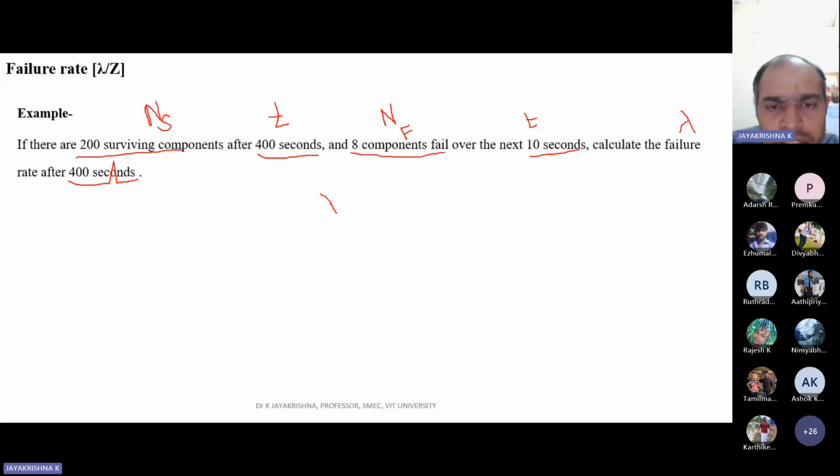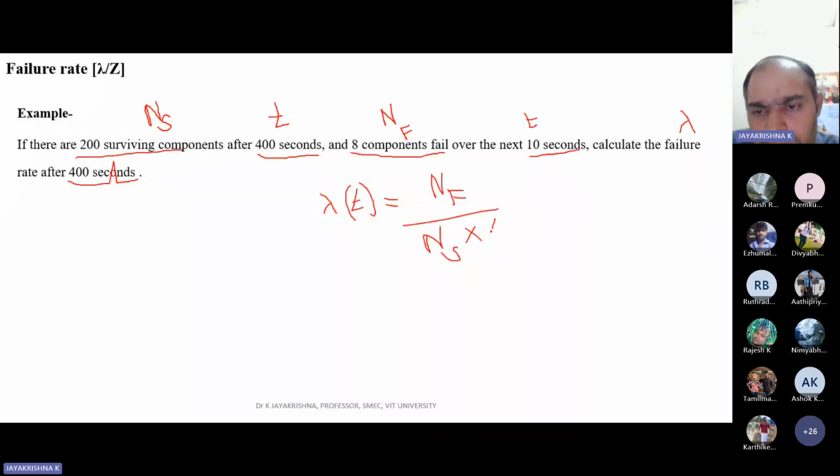So failure rate of t is equal to N of f divided by N of s into delta t. Okay, now give me the answer.